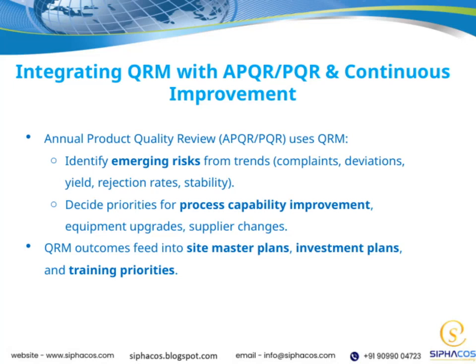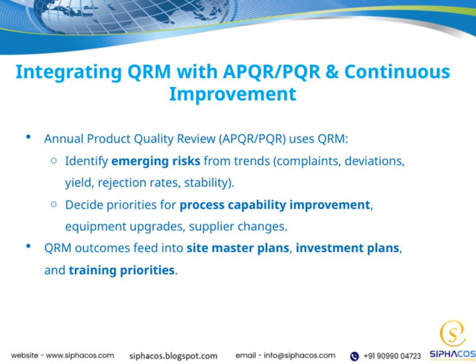Now let's look at how the Annual Product Quality Review, or APQR, utilizes quality risk management, or QRM. QRM helps us identify emerging risks by analyzing trends such as complaints, deviations, yield data, rejection rates, and stability issues.